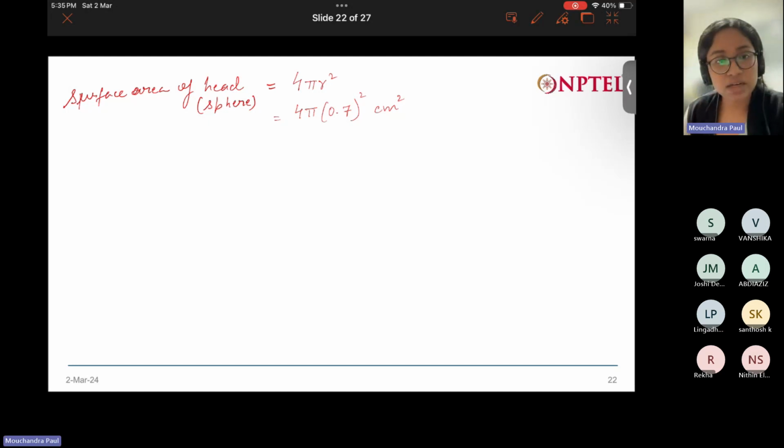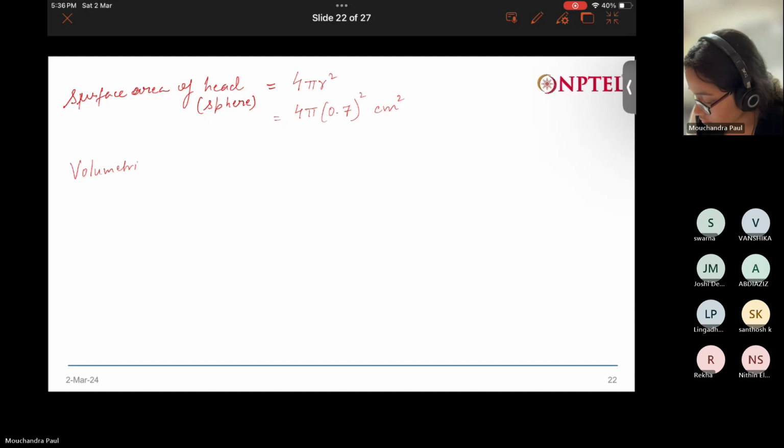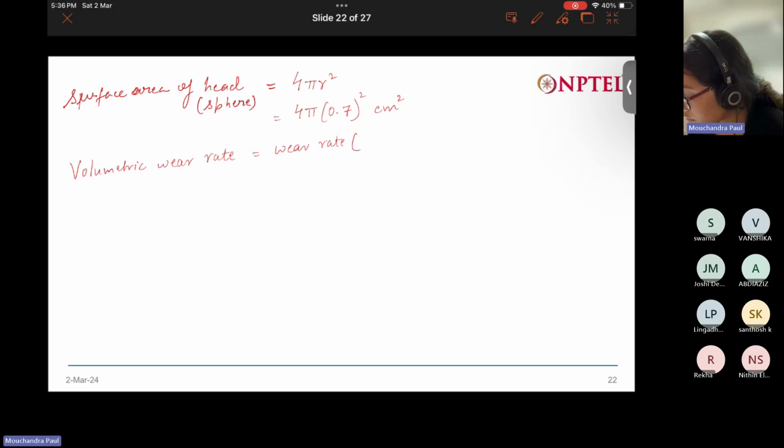Now you know the linear variation happening, that is in the radial direction, you know the wear rate. Now I want to know the volumetric wear rate. For that, you will use the given wear rate, in unit centimeter per year, into the surface area, which is in centimeters square.